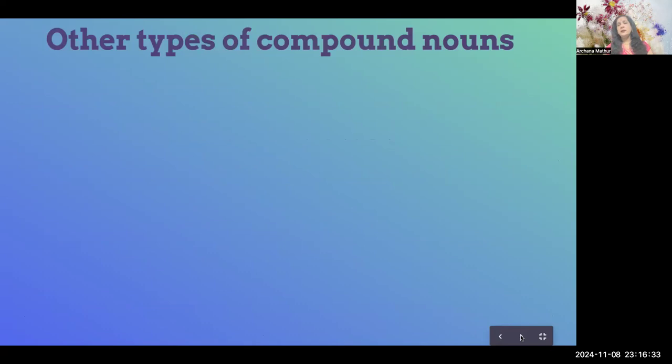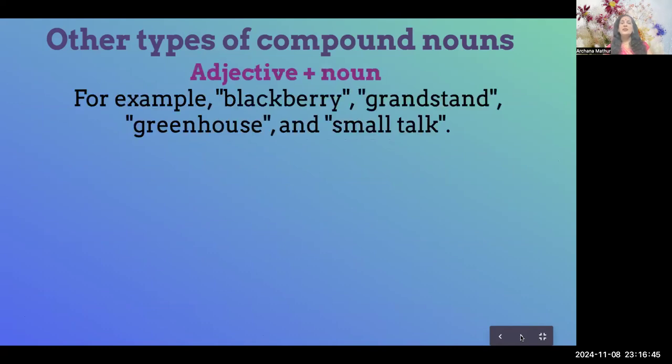The other way in which you can categorize compound nouns, like earlier it was open, closed, and hyphenated. Another way in which we can teach them compound nouns, there are another three varieties over here. Adjective plus noun. For example, blackberry, grandstand, greenhouse, small talk. So we have the adjective first, black, followed by noun, berry. Grand, adjective, stand, noun.